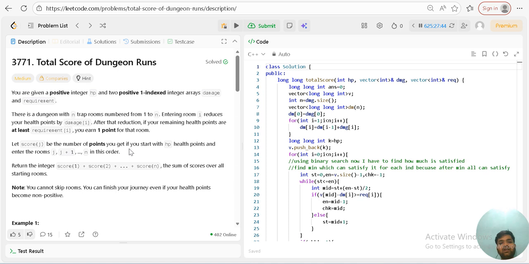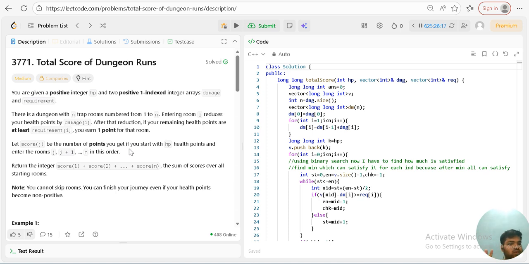So whenever I enter a room and find that after reducing the damage of i my health point is greater than or equal to requirement of i, I am able to get a point. At that moment I definitely get a point.